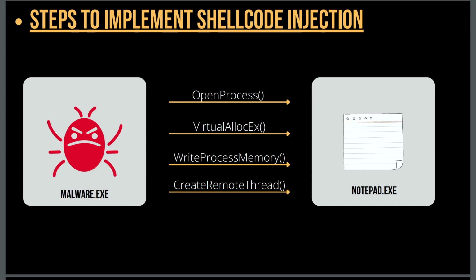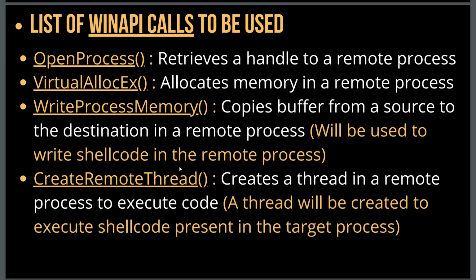So once again, if we revise the list of WinAPI calls which are going to be used, the first one is the OpenProcess function, which retrieves a handle to a remote process. Then we have the VirtualAllocEx function, which allocates memory in a remote process. Then we use the WriteProcessMemory function, which copies a buffer from a source to the destination in a remote process.